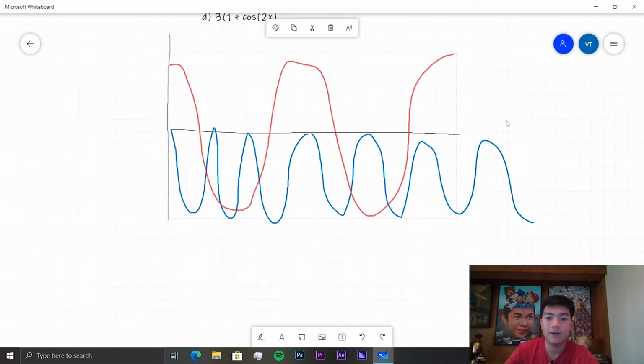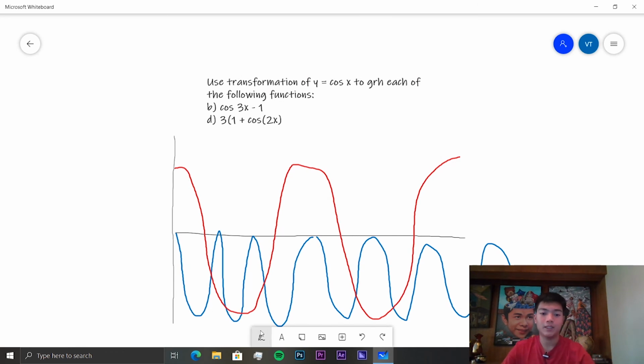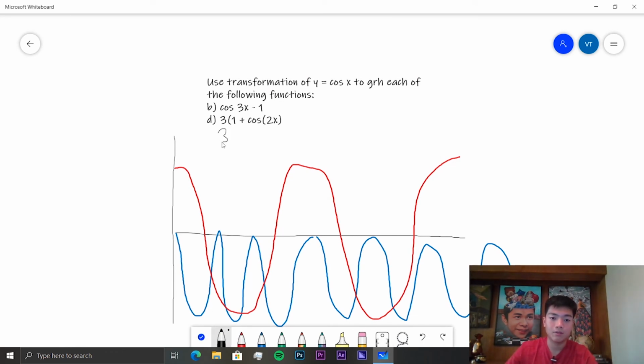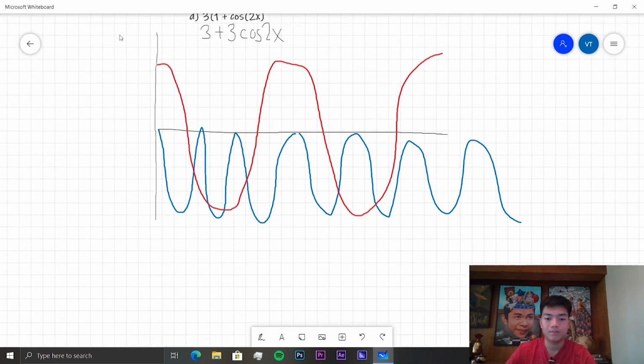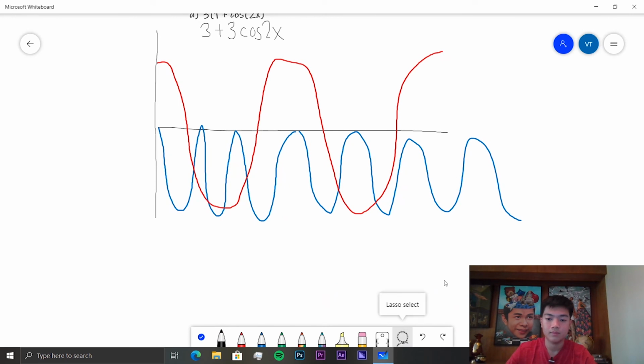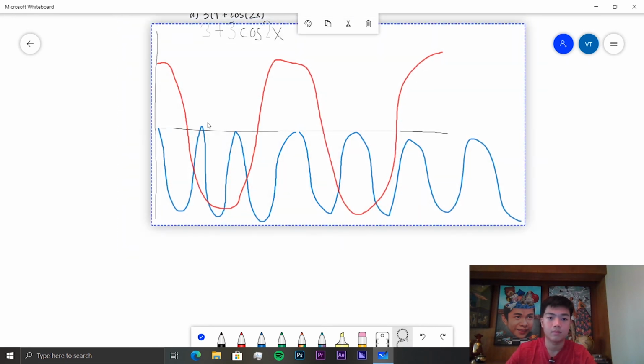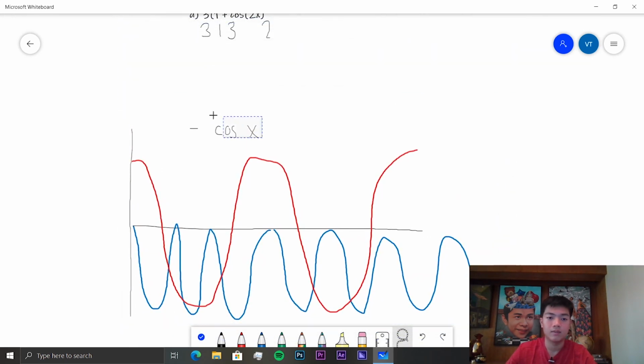Yeah. And then finally we have 3 times (1 plus cosine 2x), which is equivalent to 3 plus 3 cosine 2x. So this will be, let's, 3 plus 3 cosine 2x.